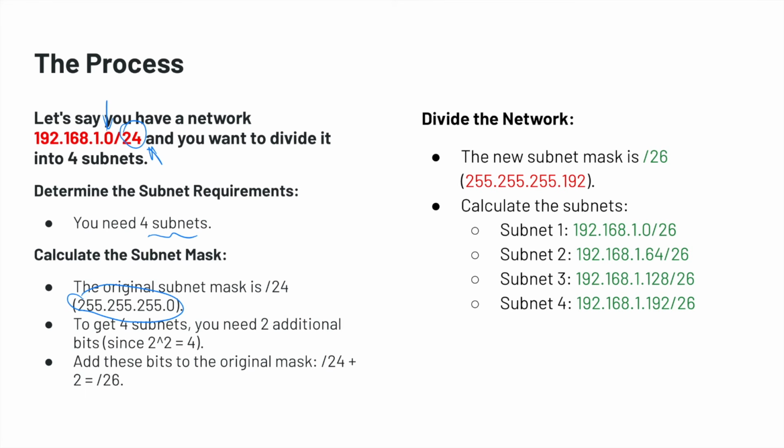To get 4 subnets, we basically need to add 2 bits to this original subnet mask, with the idea being that 2 to the power of 2 equals 4. That's going to give us 4 distinct ranges that allow us to allocate space to our subnets.